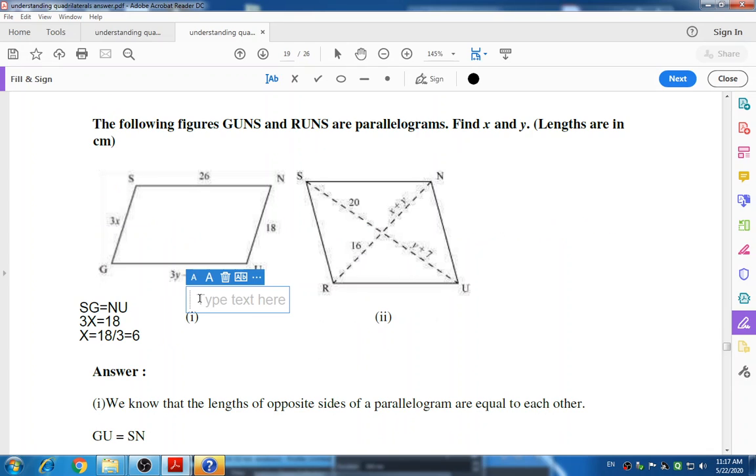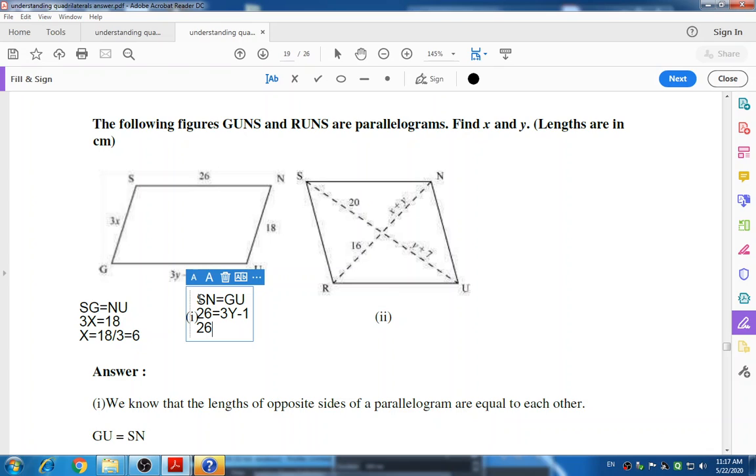So what about the Y? This SN is the opposite side to GU. The value of SN is 26 and the value of GU is 3y minus 1. So how can we solve this? 26, if I change the place of 1, we have to change its sign.